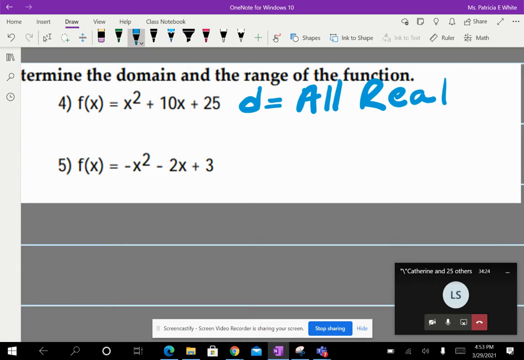So my domain is all real, but how am I going to find my range? Again, I've got to do what? Get that vertex. You need your y in that vertex. So let's find the vertex of problem 4.